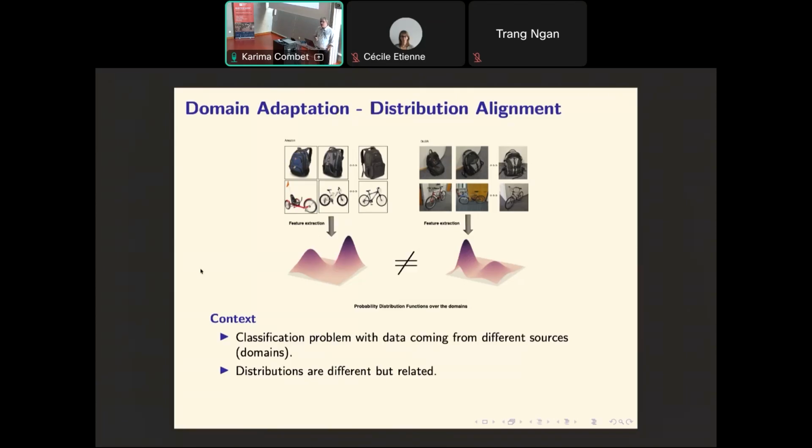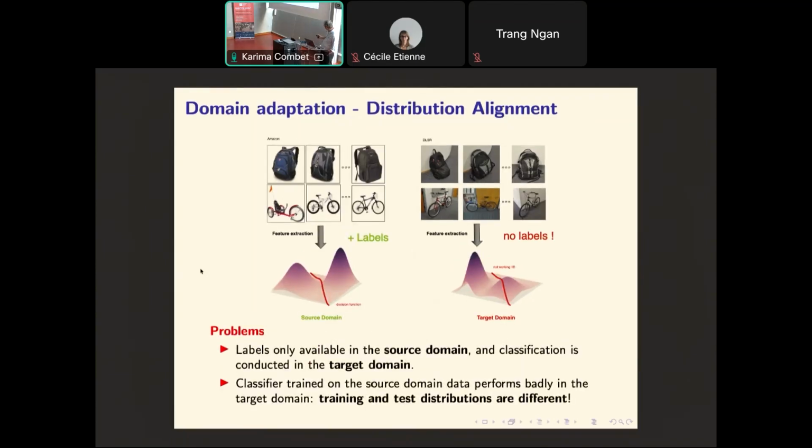And if you want to apply your model to another data set which shares the same task, but the images occur in different environments, in the wild here, for example, the distribution of the images is different. And this implies that the model learned from the original source images might not be correct for the new distribution.